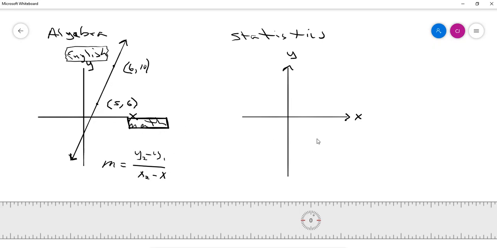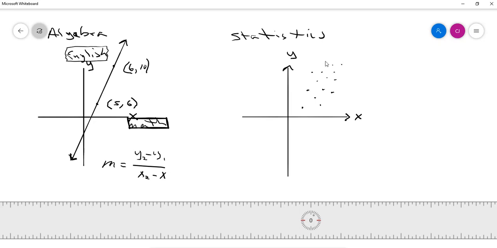But in statistics, in reality, if you were comparing people's math scores and English scores, and you plotted the points, it would look more like this. The points do not fall in a straight line. We can pretty much guarantee that.